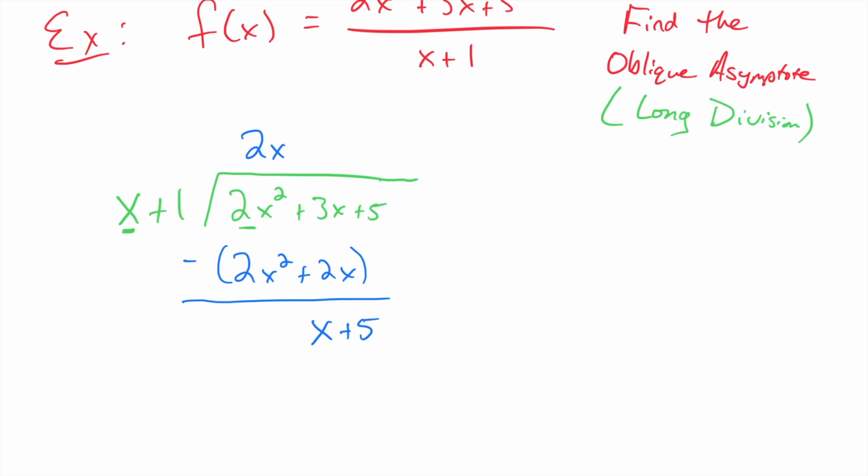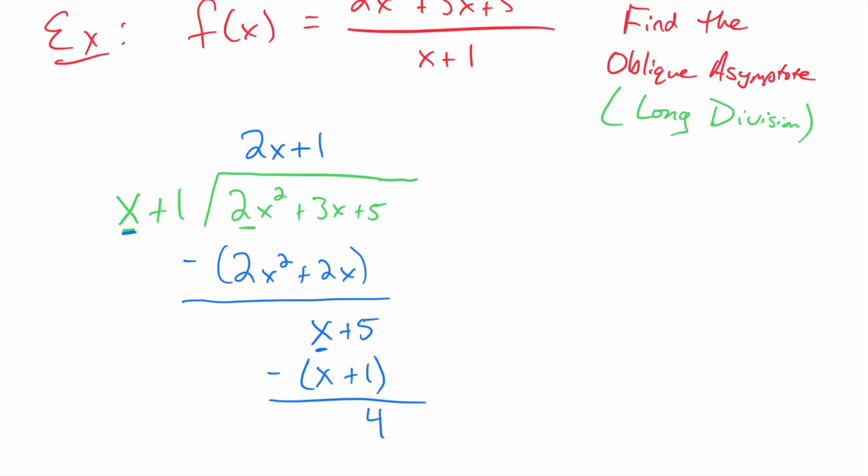Now we play the game again. We ask ourselves, what do we multiply x by to get x? Well, that's 1, right? 1 times x is x. So we're going to put a plus 1 up here and do the same thing. 1 times x, multiplying it by the divisor, is x. And then 1 times 1 is plus 1. Just like before, we're going to subtract that entire quantity. x minus x is 0. 5 minus 1 leaves us with a positive 4.